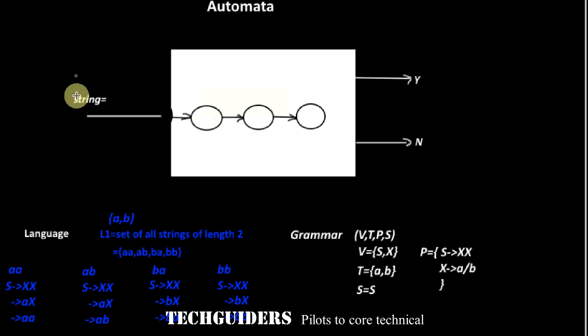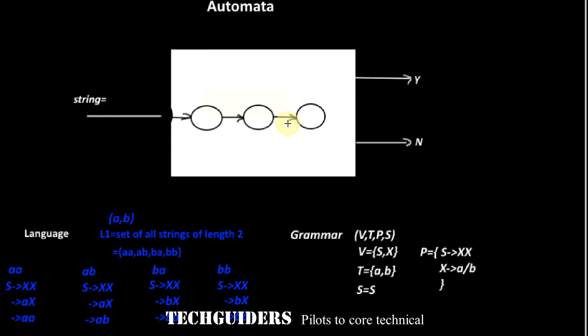We will provide some string to automata. It will take the symbols from the string one by one and move from one state to another and finally ends up in one particular state. If that ending state is an accepting state or final state, it means that string is accepted, otherwise that string is rejected.